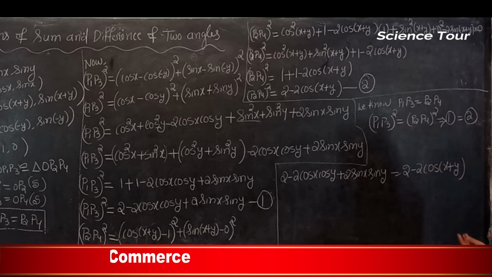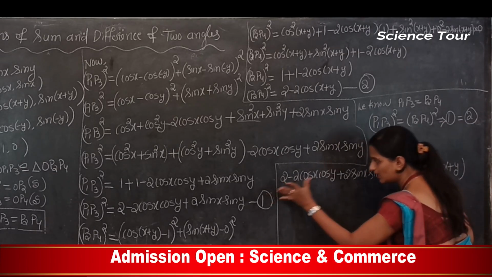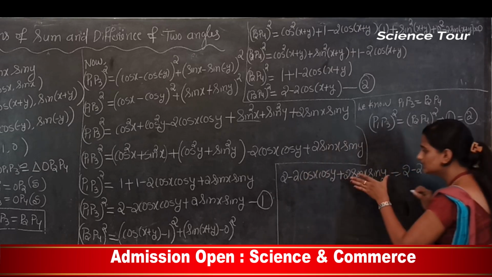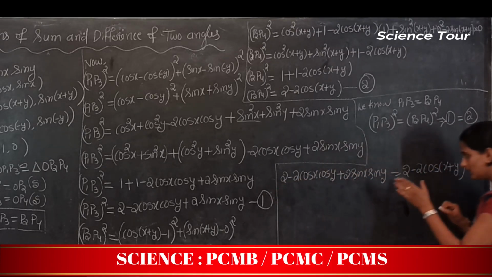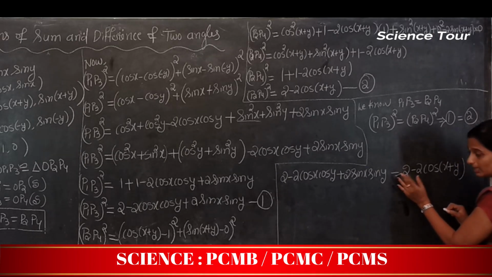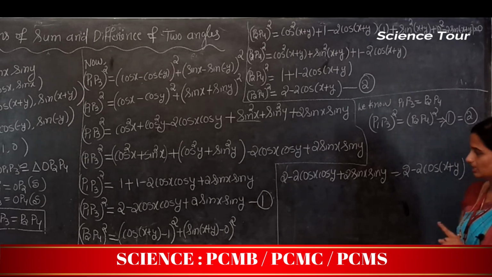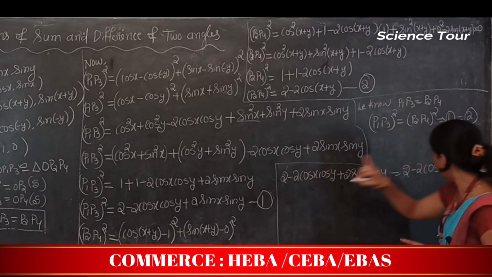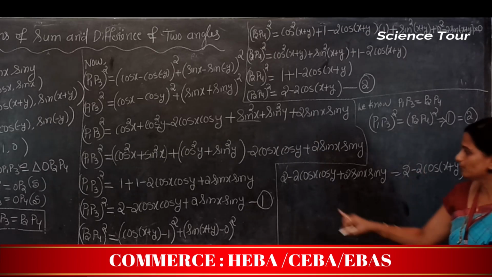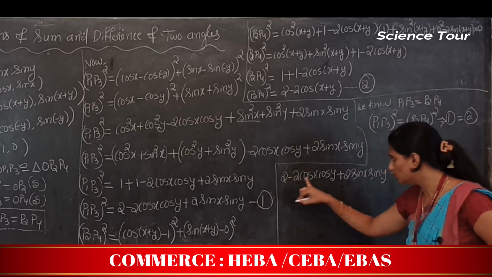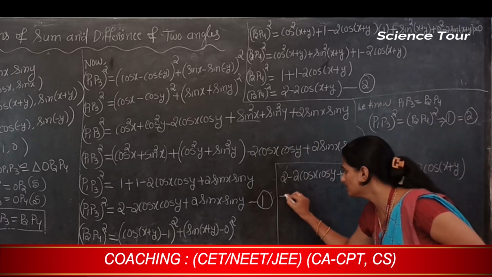Something you can cancel, right? See here, how many terms here? First term, second term, third term. What is the first term here? 2. Can you cancel this 2 with this 2? Yes, you can cancel. Can you cancel this 2 with this 2? No, you can't cancel. First, how to simplify here? What is remaining?